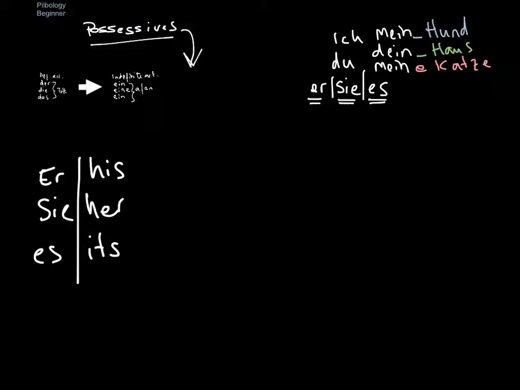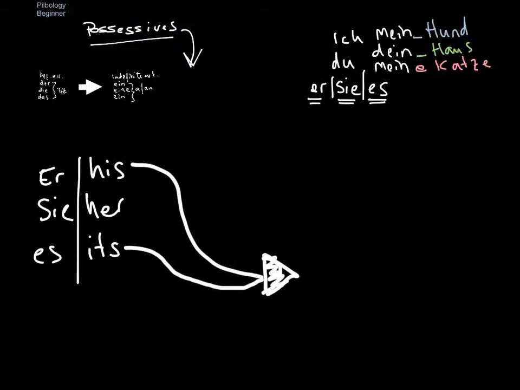I'm going to do some crazy arrows here. So for his and its, believe it or not, that's an arrow, you would use sein. And again, the ending rule applies that there's no ending for masculine, there's no ending for neuter, and there's an E ending if you want to make it feminine, okay? So seine.